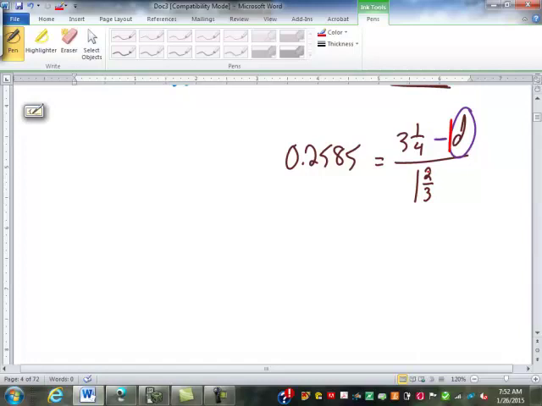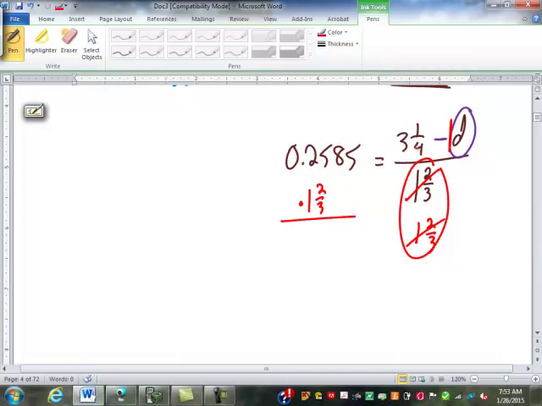So to solve this equation, to take it back apart, we reverse that. So what's the first thing we're going to do to take this apart? Multiply by 1 2/3, because that was the last thing that was done in building this equation. So when we go to solve it, that's the first piece that comes off. We multiply by 1 2/3, which takes off the piece that's dividing by 1 2/3.